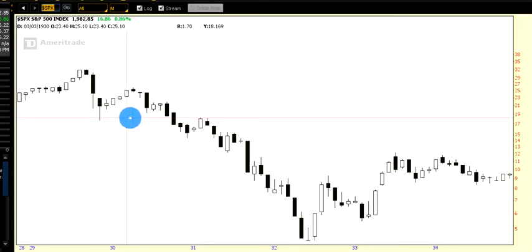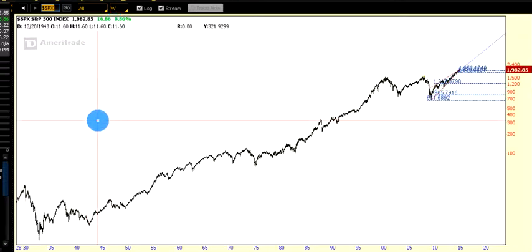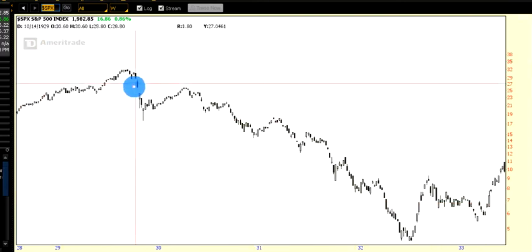We just got out of that barely, right?" And this is one of the things Fibonacci is good to use for. Let me change this to at least weekly. Sorry about that, because the month bars are kind of hard to look at. So let's look at the weekly here.